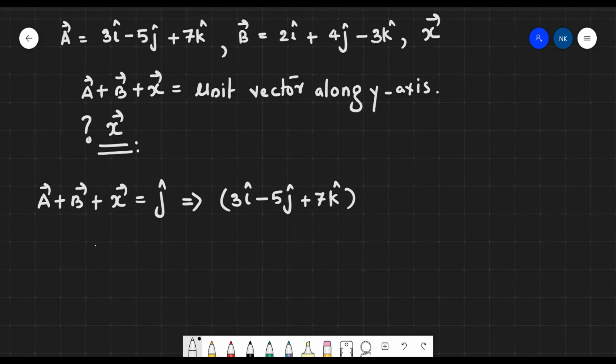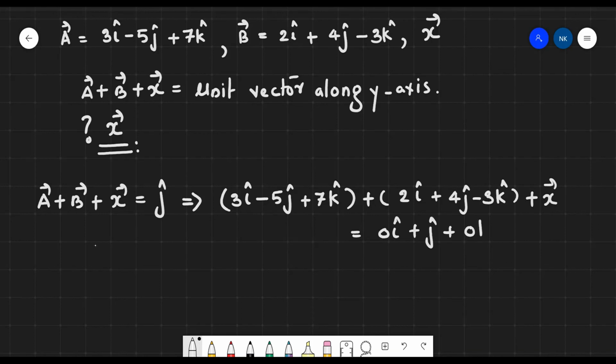Then I am going to substitute the value of B. That is 2i cap plus 4 j cap minus 3 k cap, all right, plus x vector, that is an unknown value, is equal to unit vector along y-axis. That means it can be written as 0i cap plus j cap plus 0 k cap. We can write it like this.